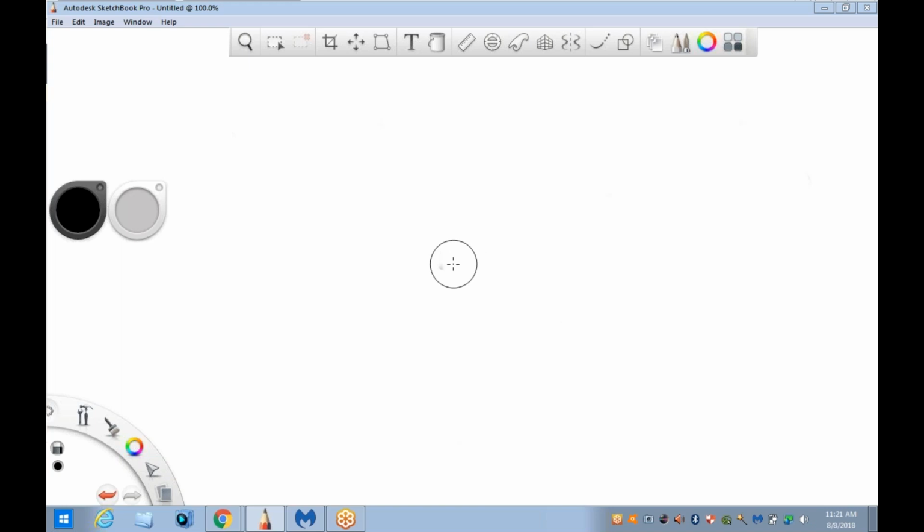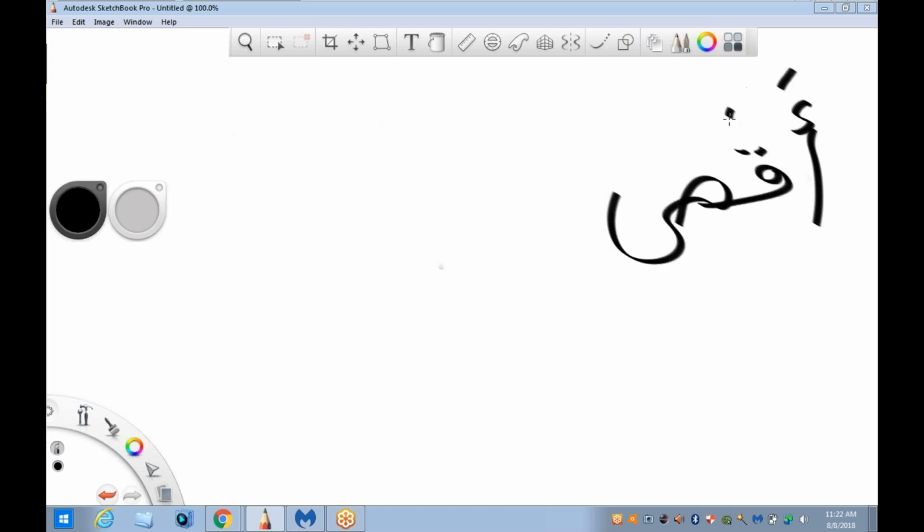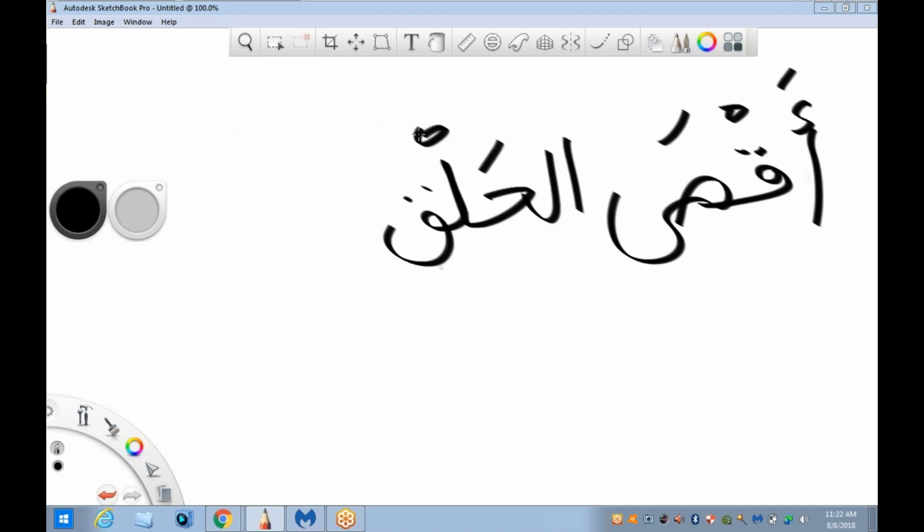Today we want to look at some words concerning the Hamza and some words with the Ha so we can pronounce them correctly. What is the difference between the Hamza and the Ha? If they are in the same makhraj, what is the makhraj of the Hamza and the Ha? You call this Aqsa al-Halq.